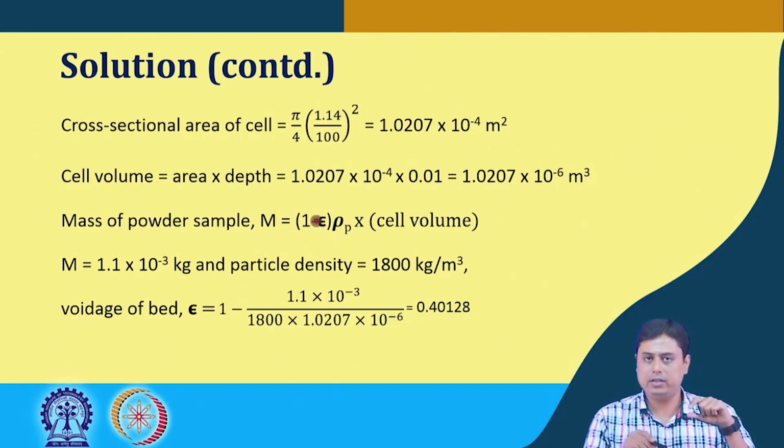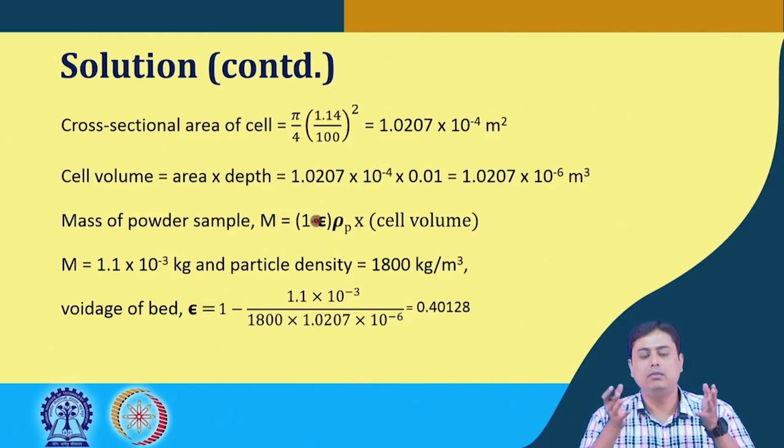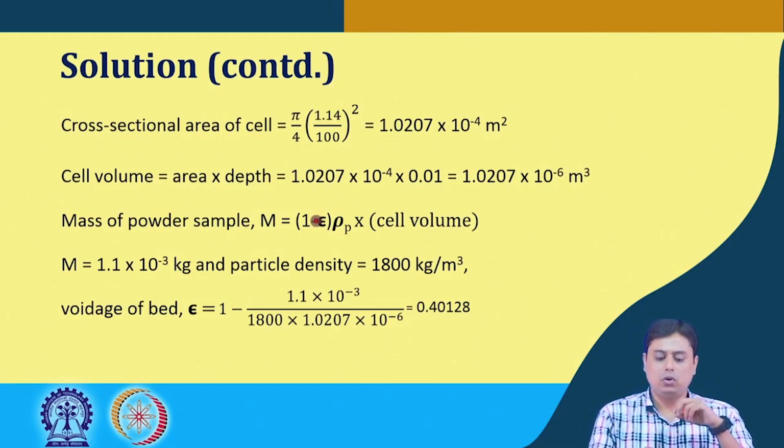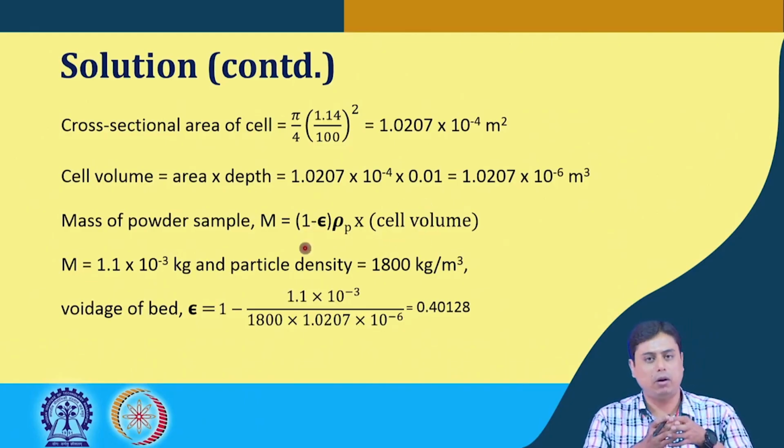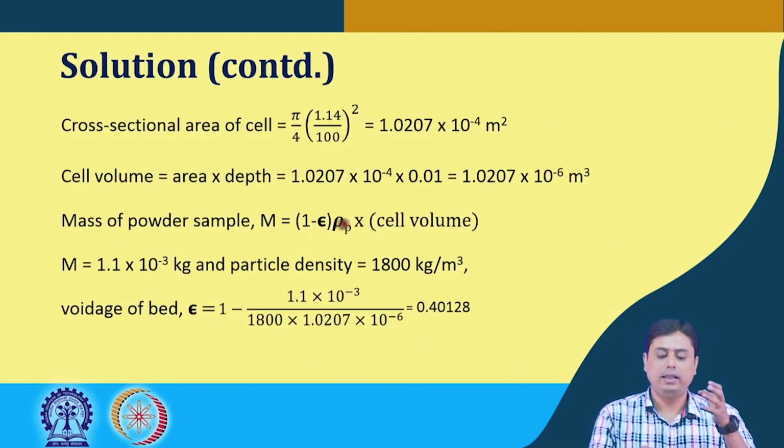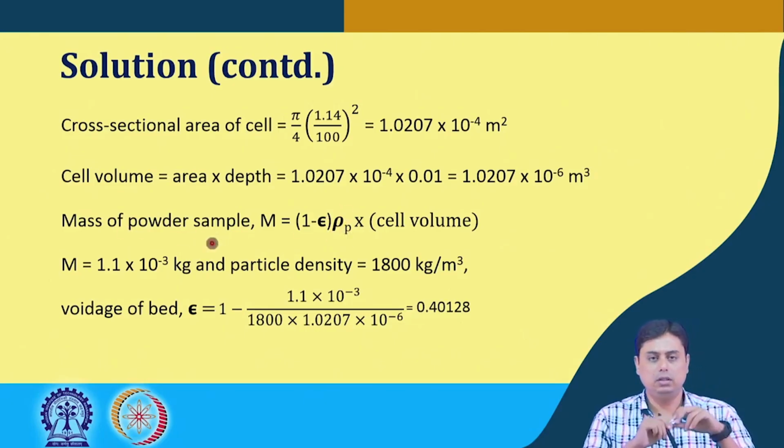As I said, the definition of epsilon is the empty volume per unit volume of the apparatus. So, 1 minus epsilon is basically the volume of the powder. So, 1 minus epsilon multiplied by the whole overall cell volume is basically the volume of that powder. That multiplied by the rho of the powder gives you the mass of the powder sample.